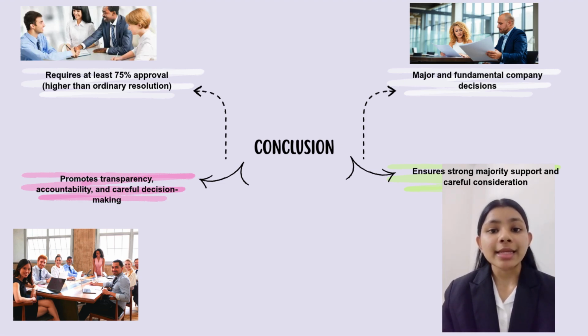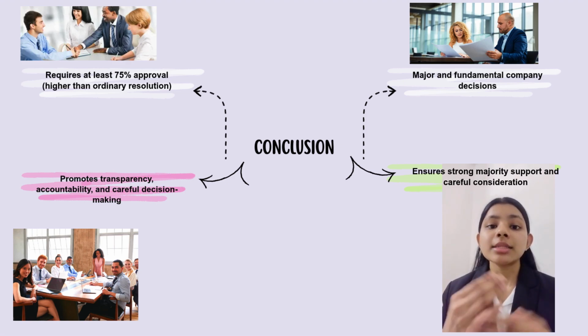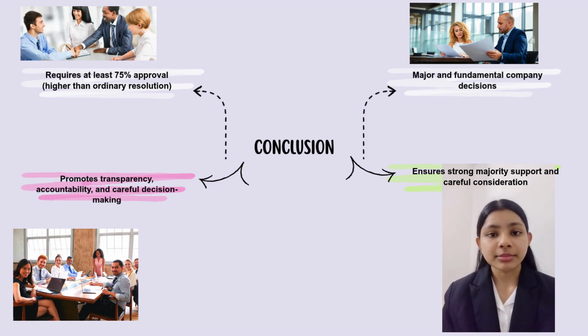By requiring at least 75% approval, it ensures that major decisions such as altering the company constitution or winding up are made with a strong collective agreement rather than a simple majority. This protects the interests of all shareholders, especially minority members, and promotes transparency, accountability, and fairness within the company.